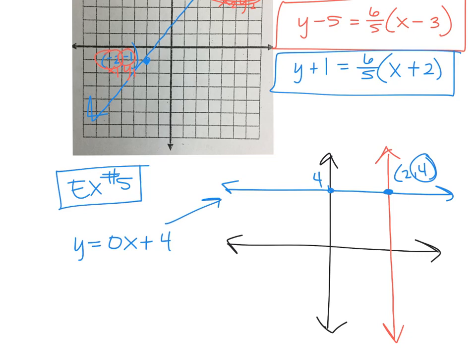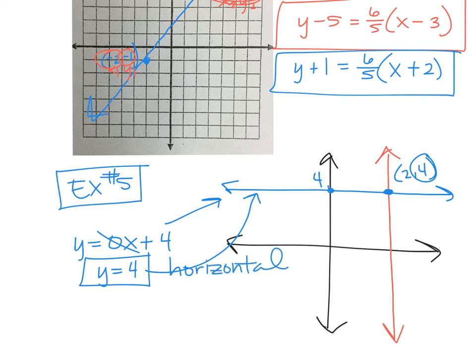If we simplify that, what is that? Y equals 4. This goes away, and y equals 4. Okay, so a horizontal line is always going to be y equals some number. That is always for a horizontal line. Okay, so this is horizontal. That will always be y equals.